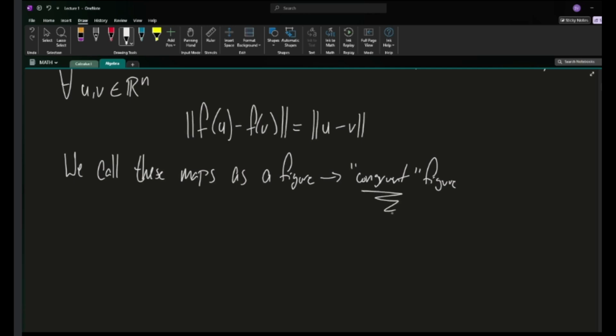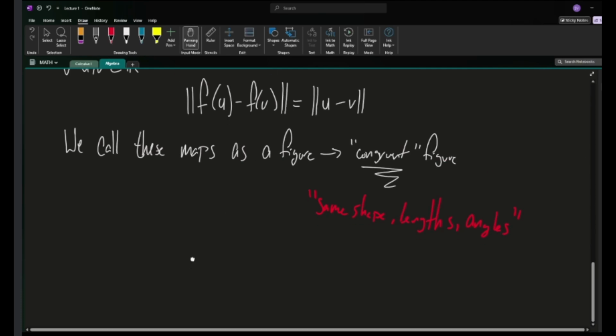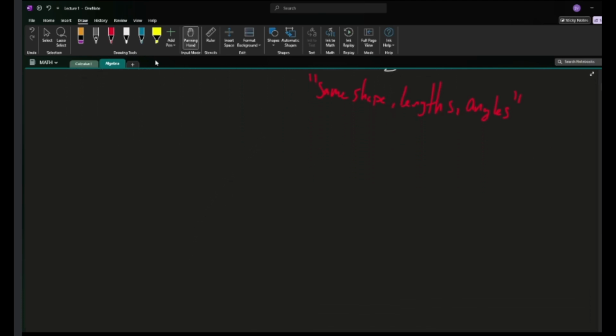What we mean by congruency is the same as saying same shape, lengths, and angles, if you remember back in middle school or high school algebra or geometry.